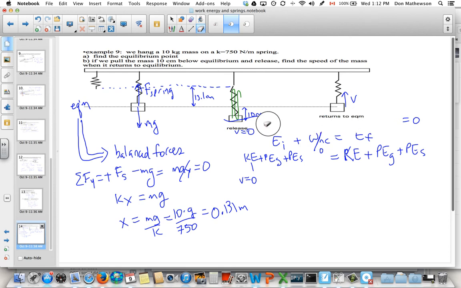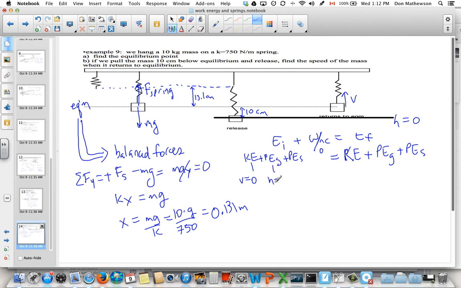So we want this lowest point to be our 0 of height. I'll just use the line feature and make that a lot better. There we go. Oh, that's so much nicer. All right, now the pen feature, h equals 0. Okay, and this was 10 centimeters. So all that means is that at this point, there's no height either, because we're saying that's our 0.